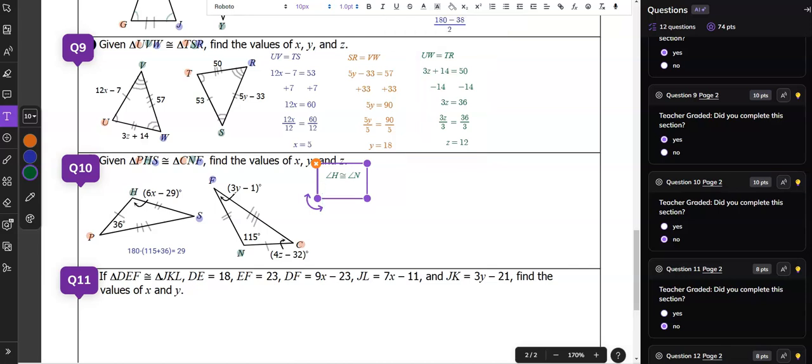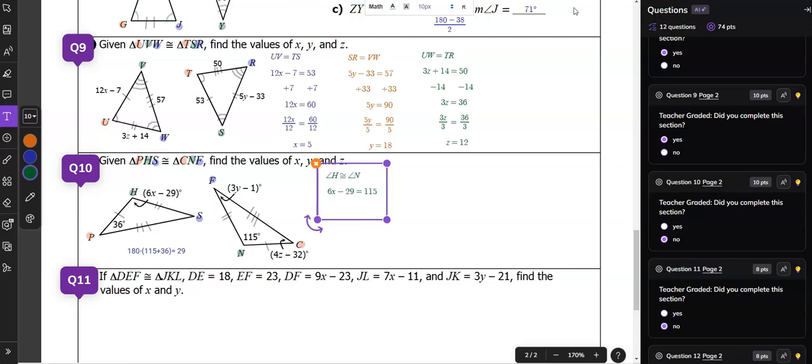So angle H is represented by the expression 6x minus 29, and that's going to be equal to 115. What I'm going to do is add 29 to both sides. And that is going to give me 6x is equal to 144.